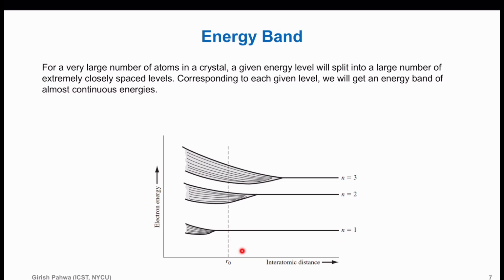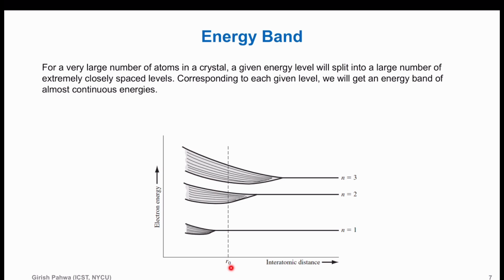It splits when my interatomic distance becomes very small. Okay, now look at this, n equal to 2. Now I'm talking about the levels of atoms. So when you bring them closer, if you keep decreasing the interatomic distance, they will start to split. Similarly, n equal to 3, they will start to split even more.